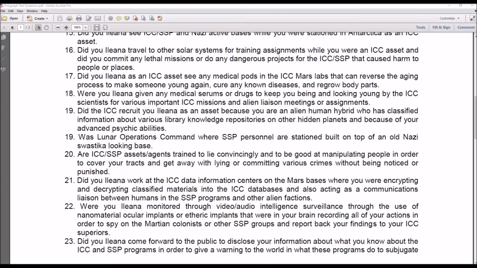But the nanomaterial ocular implants and etheric implants were programmed for spying purposes, for me to record all my interactions with anyone I had ever met or worked for since getting the implants, or where I was traveling out in space on different planets.